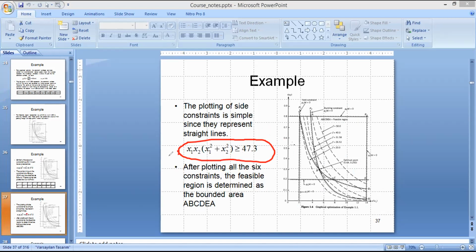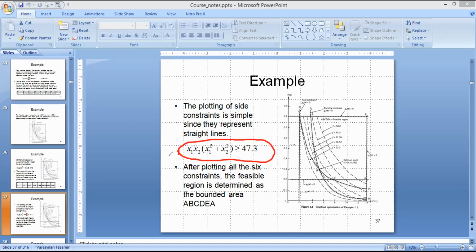So we want to solve this example using a MATLAB function. What can we do for this?